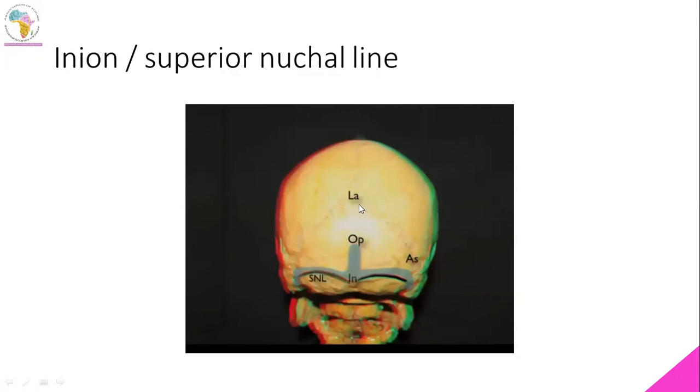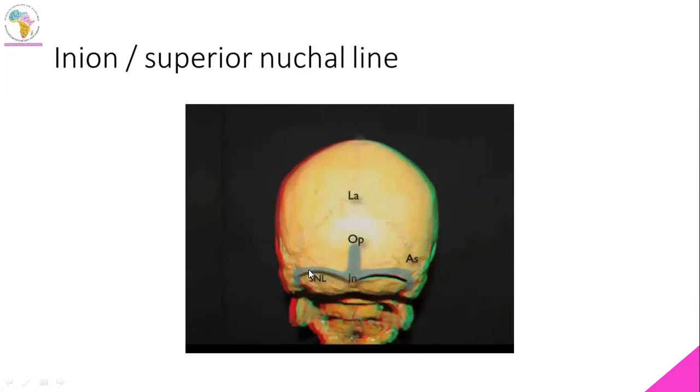So along the midline of the cranium, we have the superior sagittal sinus, and the inion gives a landmark for the torcular, and from there, along the superior nuchal line, we have a landmark for the transverse sinus.